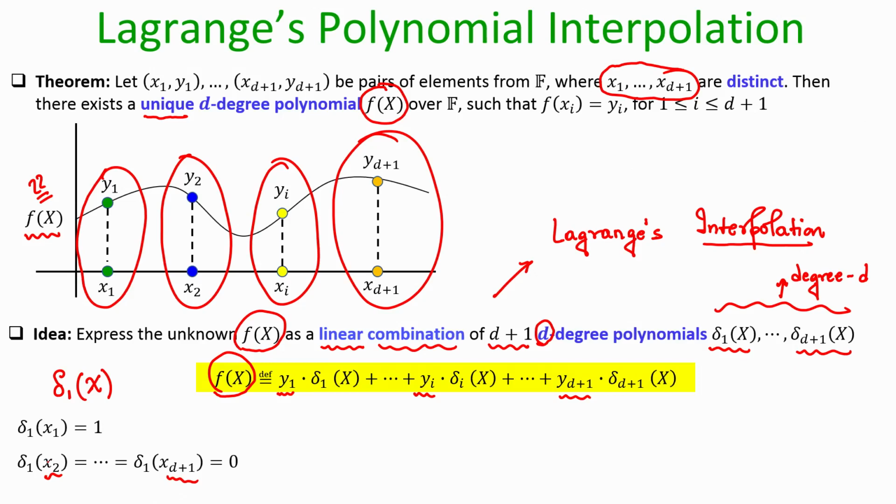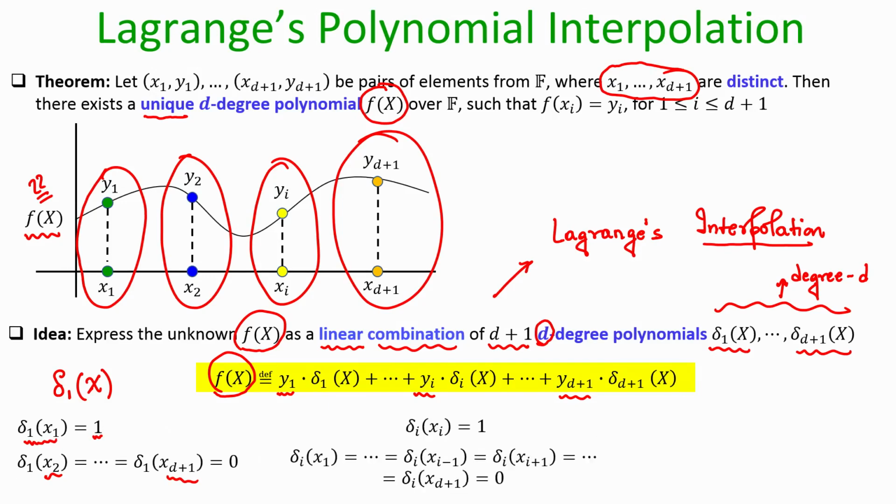If you evaluate it at x equal to x 3, you will get 0, and if you evaluate it at x equal to x sub d plus 1, you will get 0. And if you evaluate this delta 1 polynomial at x equal to x 1, you should get the multiplicative identity element, namely 1. That is the property of this delta 1 polynomial.